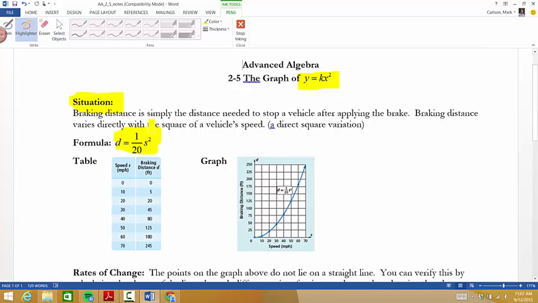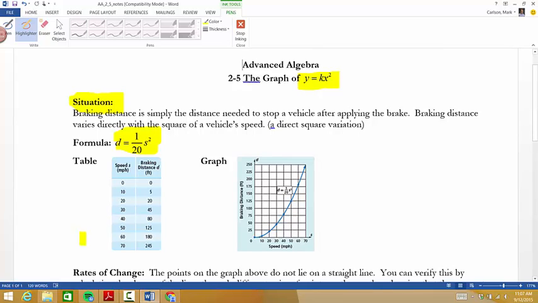So what I want to do is look at the table of values here and then the graph, and you'll notice that our graph is no longer a line but now it's a curve. The reason it's a curve is because our rate of change is continually changing.